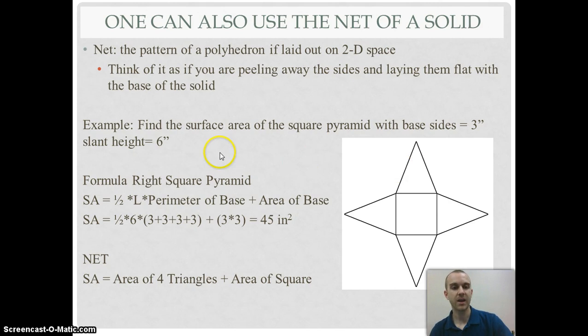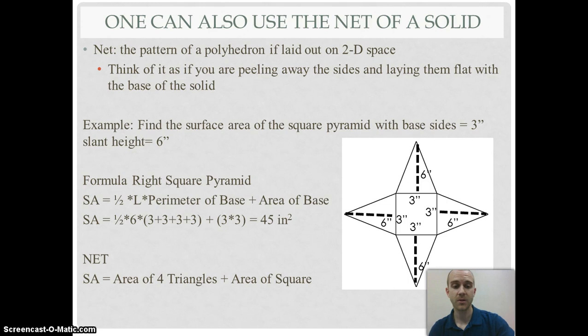Now the information I have though is very helpful because it gives me the base and the height for each of my triangles. So I have base and height of 3 and 6 inches for all 4 of these. And if I look, that also helps me understand the area of my square because it's a 3 by 3. So I find the area of a triangle.